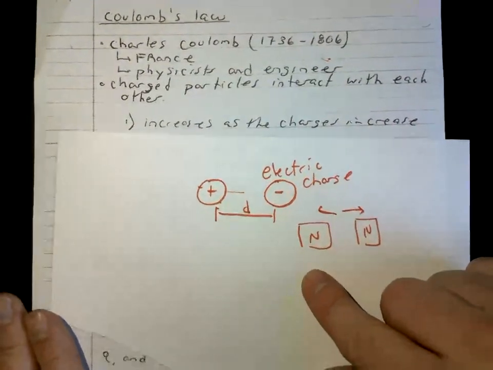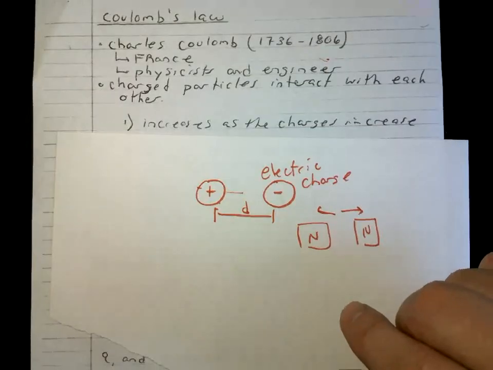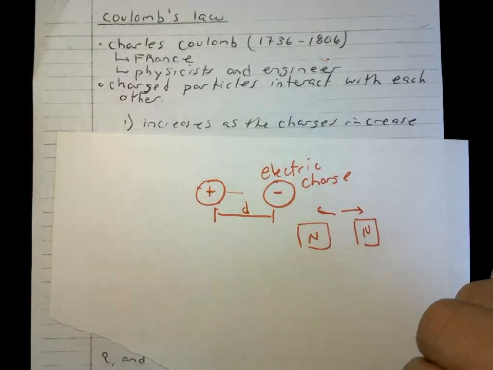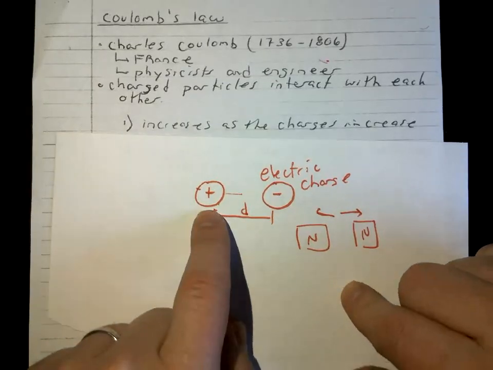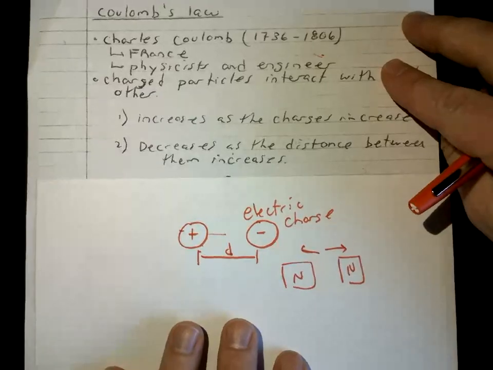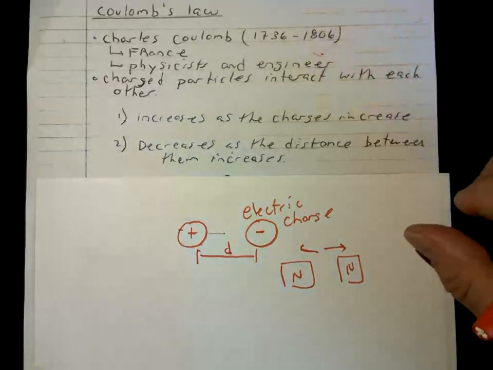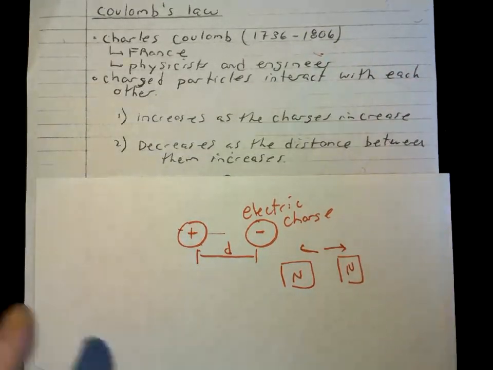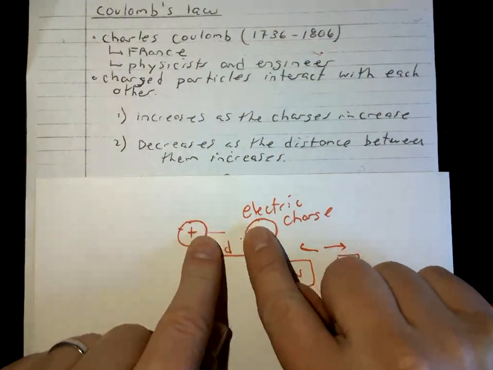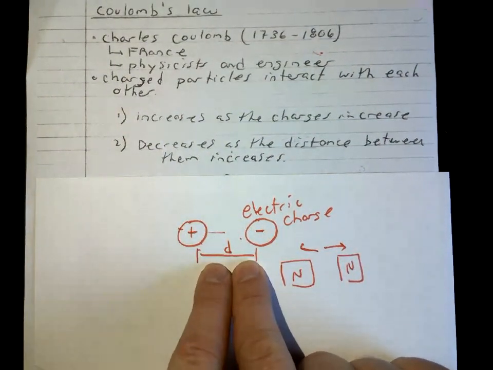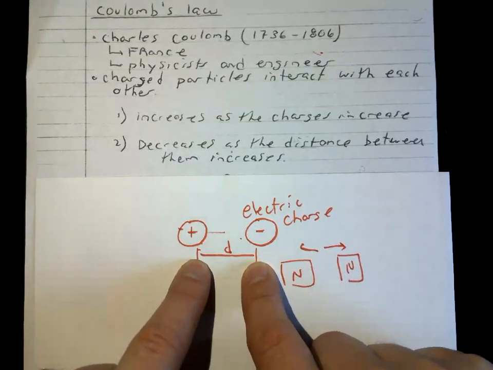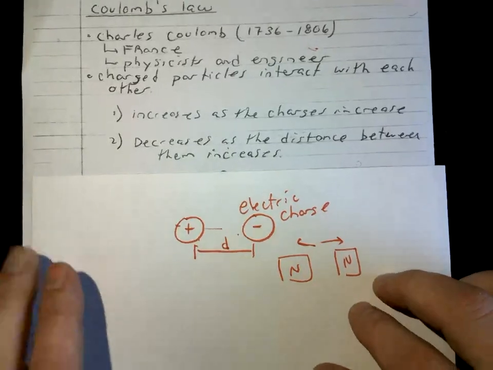What happens is that as the charge increases, the force increases. When you're charging something up, you're building up electric charge in the molecules, right? And if you take two charged particles and put them at a certain distance, then increase or decrease it, something's going to happen with the electric charges.